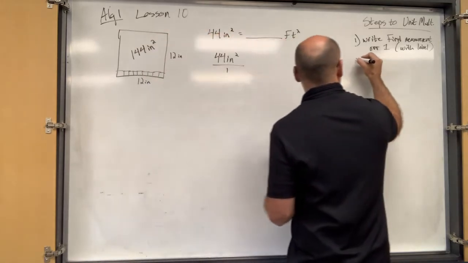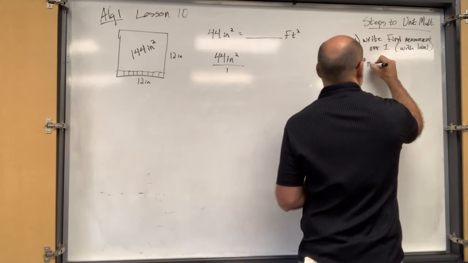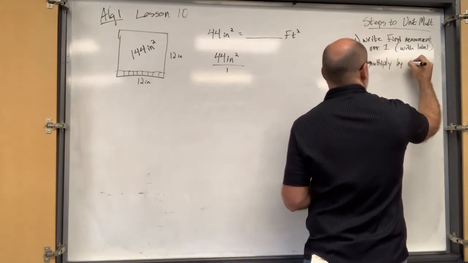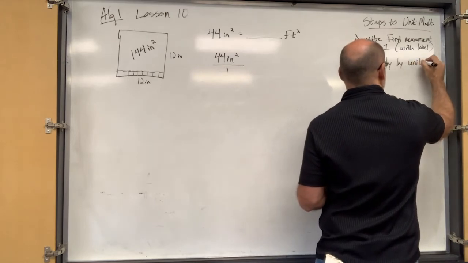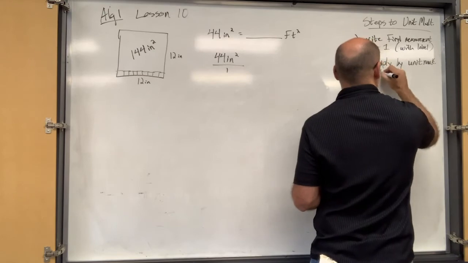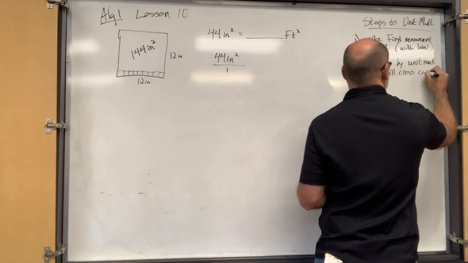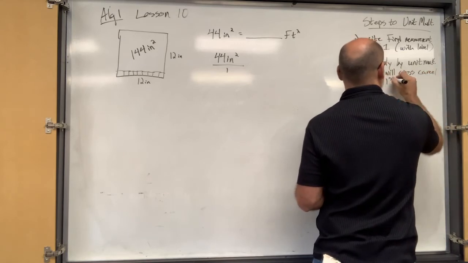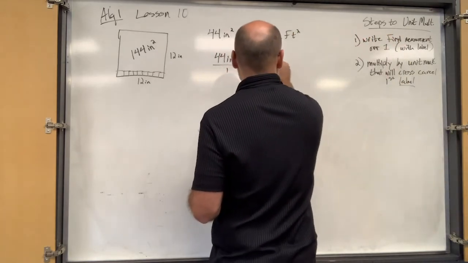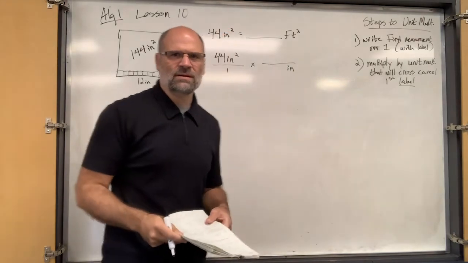Okay? So number 2, what's the second step to unit multipliers? Do you remember? Put something that cross cancels out. Yeah, multiply by a unit multiplier that will cross cancel the first label. Okay, well, it's still going to be inches, but how many of those inches labels do you see?